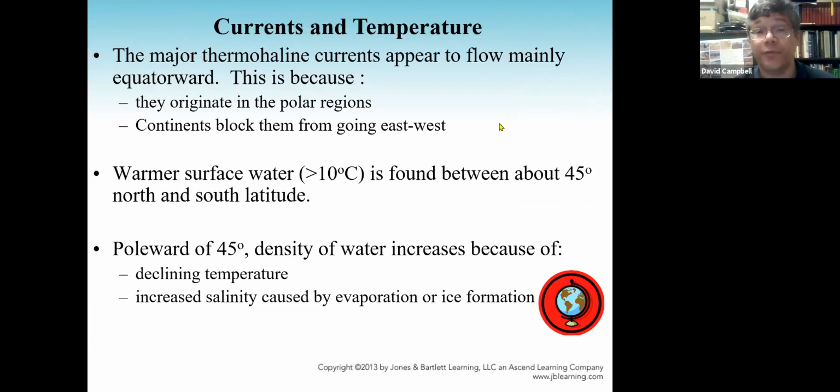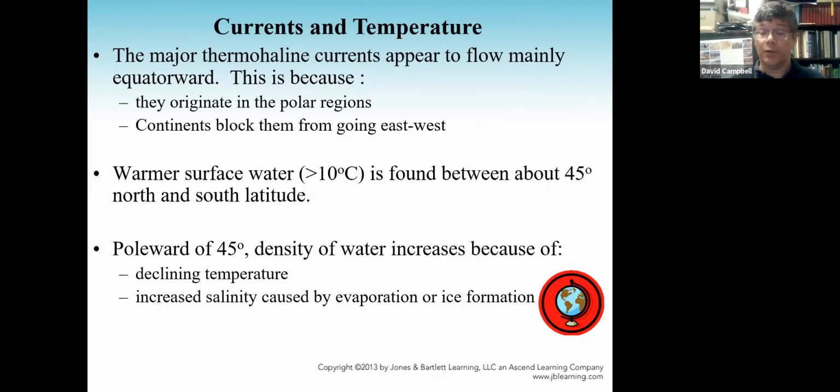The main direction of flow is towards the equator. Well, if you start at the poles, there's a limit to how far you can go the other way. And of course, we've also got land in the way, preventing much east-west variation. Surface water in the mid and tropical latitudes is noticeably warmer than that deep water.